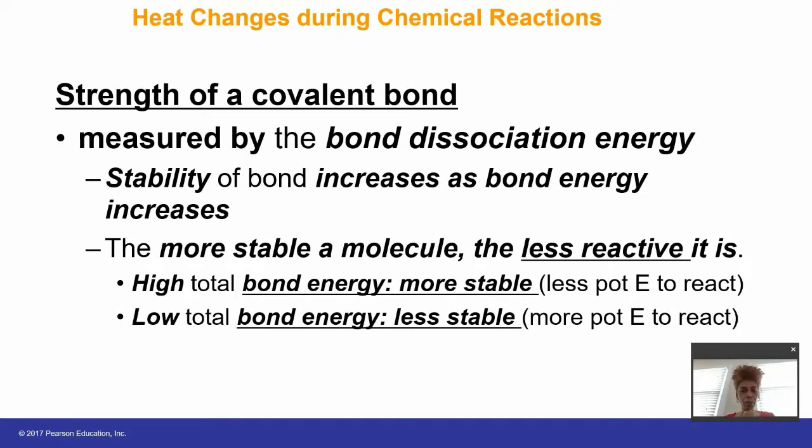All right, so the strength of a covalent bond is measured by bond dissociation energy. If we have a really strong bond, it is stable, and you must supply a large amount of energy to break that bond. Let's think about it. Remember what a bond is.